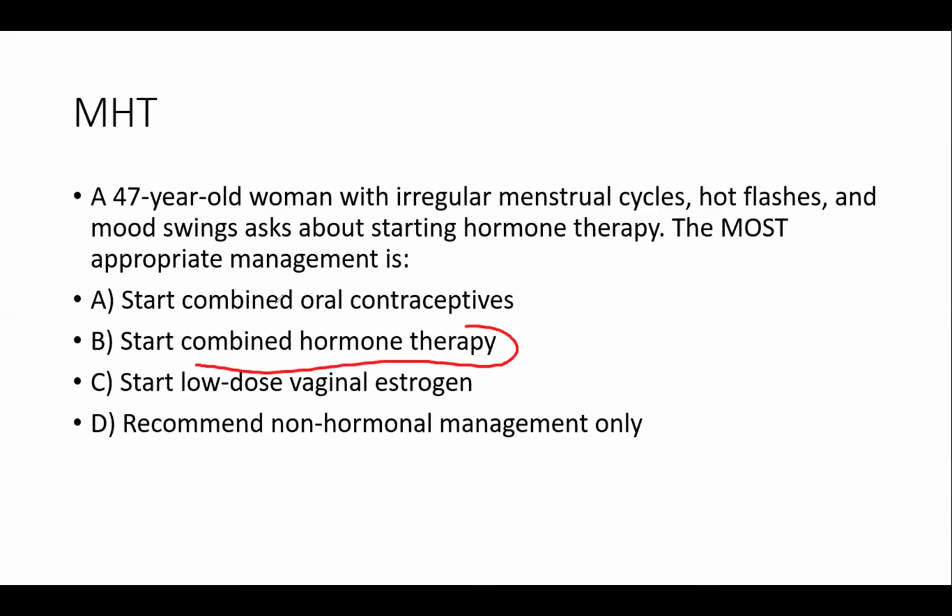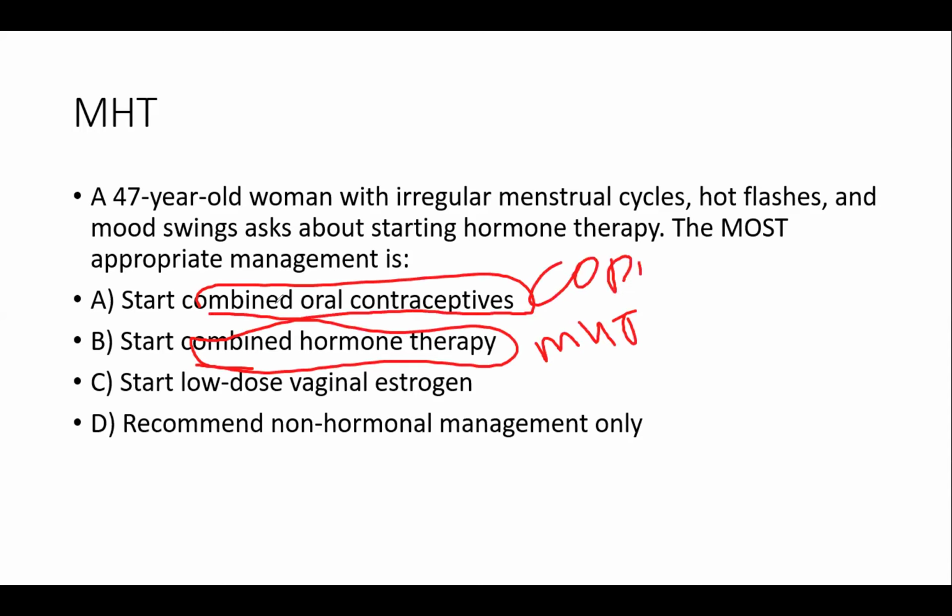Combined hormone therapy means this is menopause hormone therapy. Combined oral contraceptive means what you know, right? COC pills. That is given for what? For contraception. So what is the difference between MHT and COC?